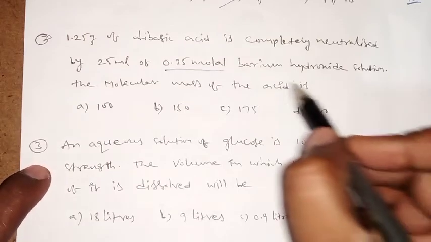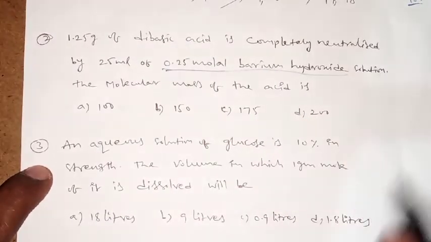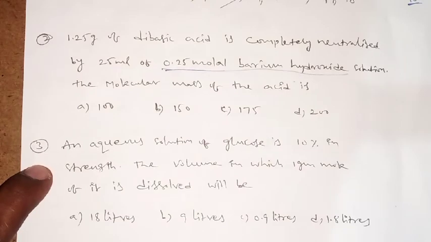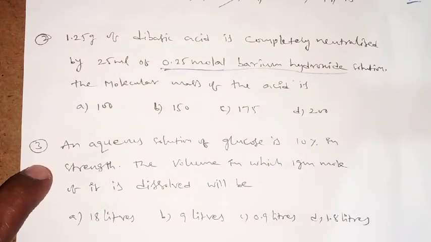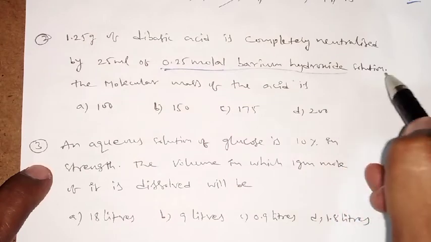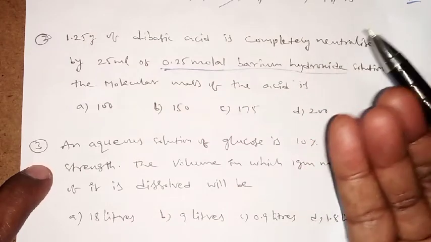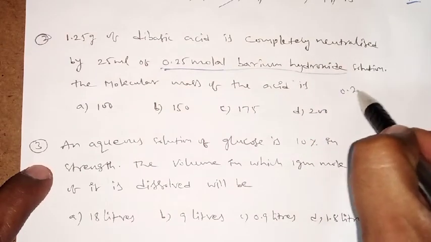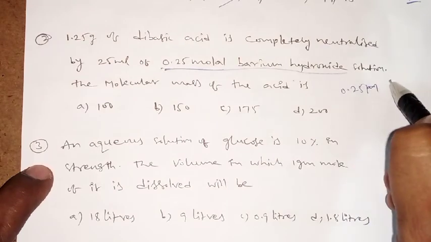0.25 molal barium hydroxide. Generally, in the case of dilute solutions, molality is the same as molarity. That is why we can take 0.25 molar barium hydroxide.